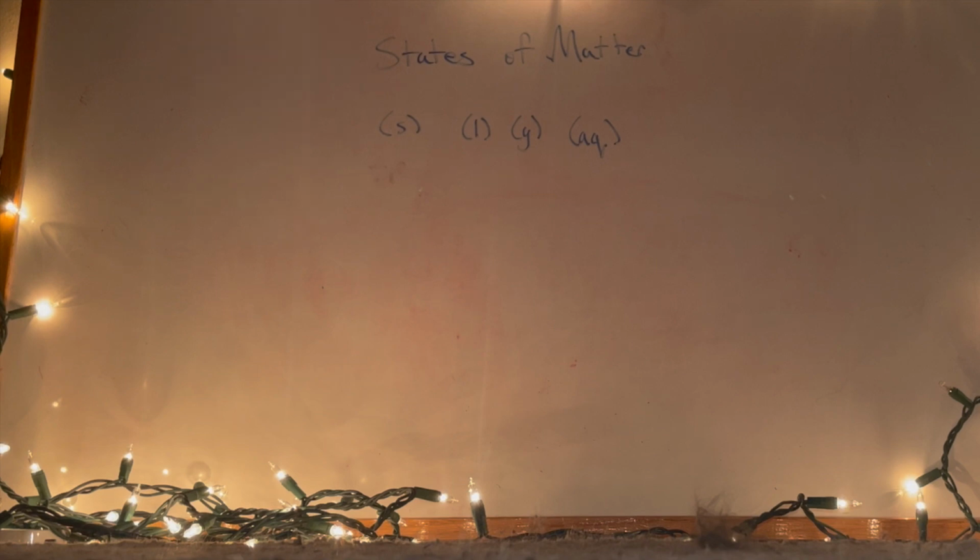And then your last one is a little bit more difficult. It's basically just aqueous. And what aqueous means is something dissolved in another liquid, typically in water. So we're going to touch on solubility rules next, because aqueous plays a massive part in predicting chemical equations.